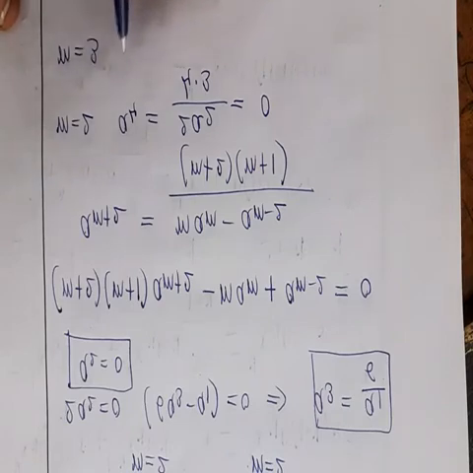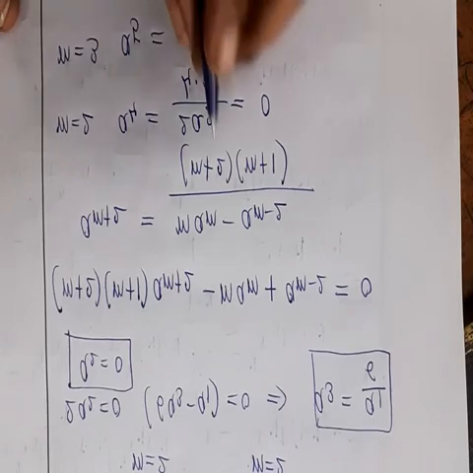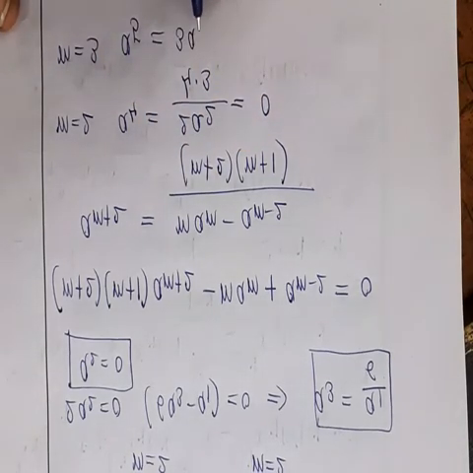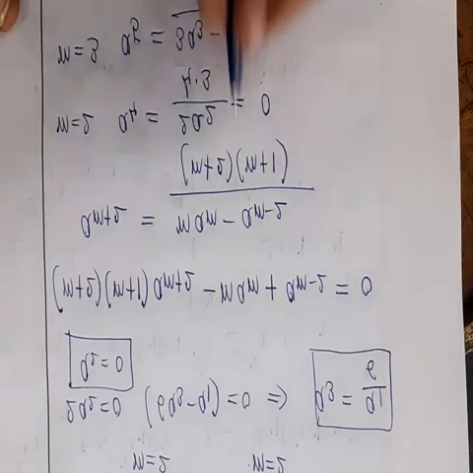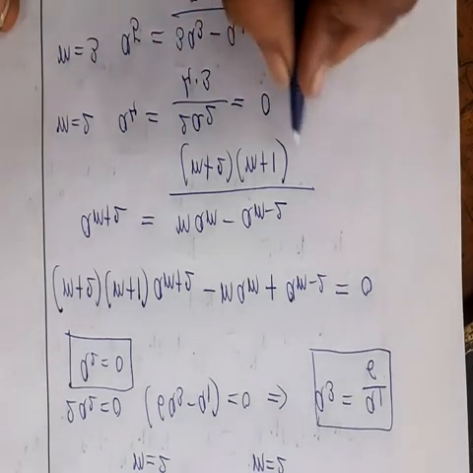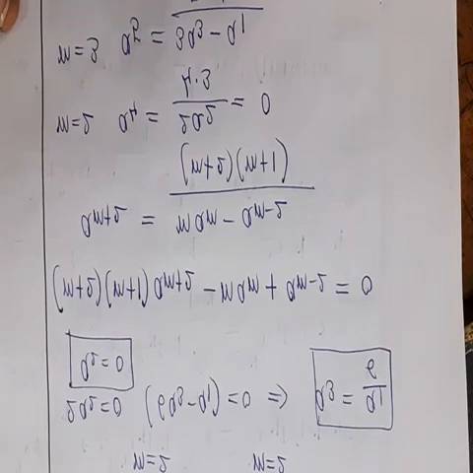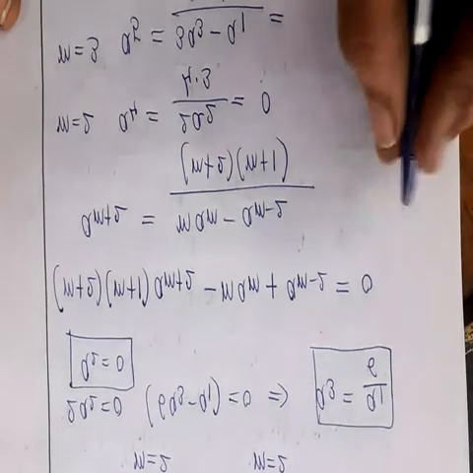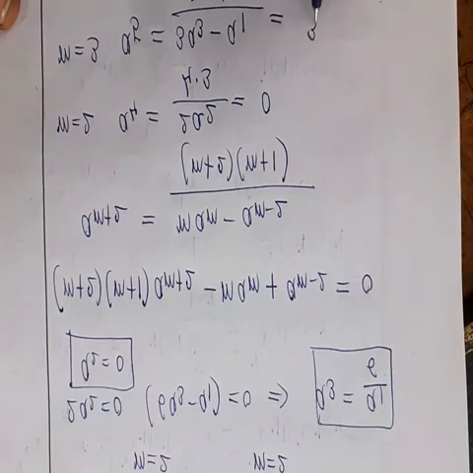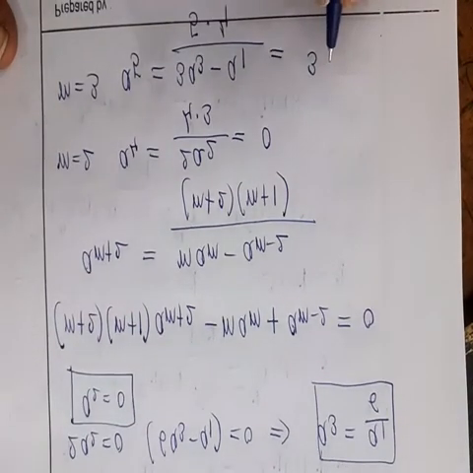For m equal to 3, it becomes a5, equal to (3a3 minus a1) divided by 5 multiplied by 4, that is 3 plus 2 is 5, 3 plus 1 is 4. So 3a3, where the a3 value is a1 divided by 6, so 3 times a1 divided by 6 minus a1, divided by 20.